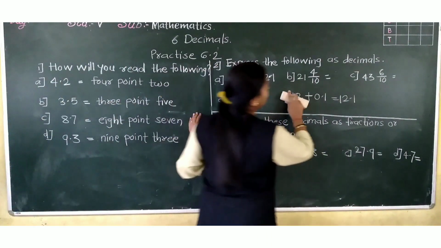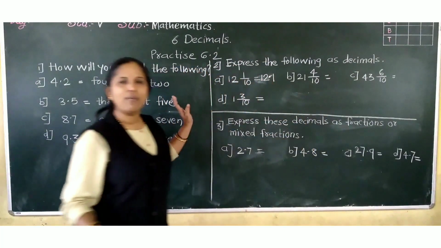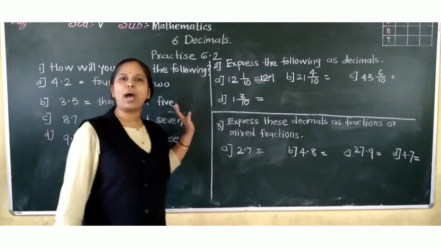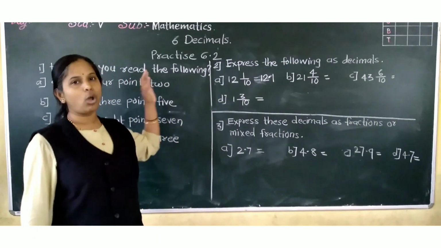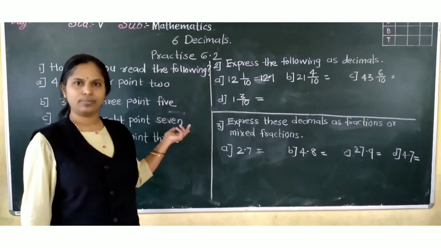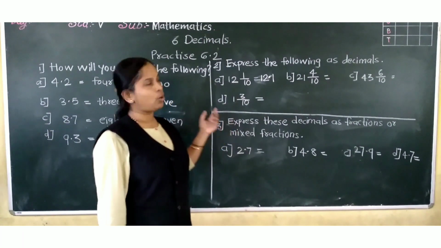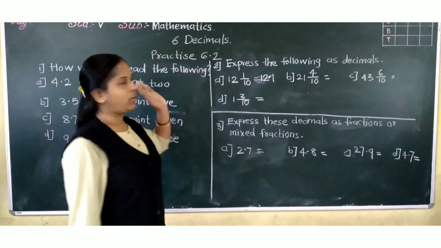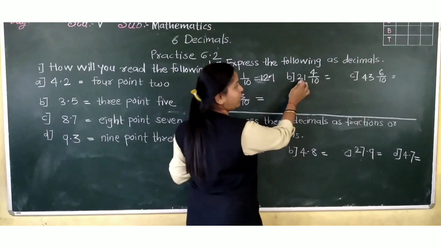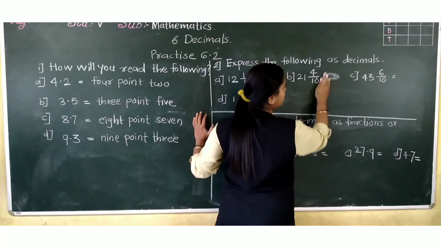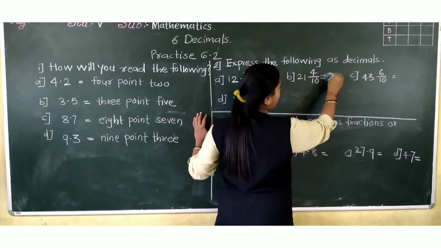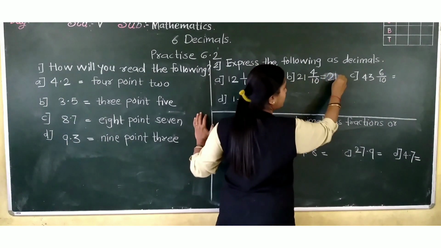Okay. Now here only what is the change? Whole part is given, nothing else. Okay. In 6.1 whole part was not there, so 0 was there. We have to write that time 0. But here whole part is given. Now come on, tell me here what it will come. Whole part is 21. So 21 point.